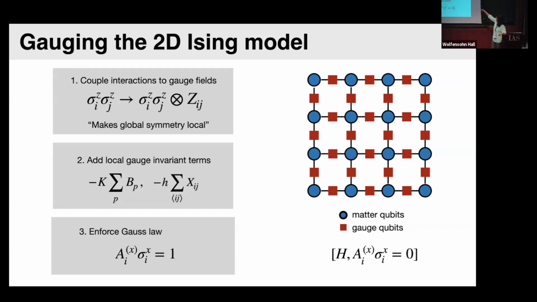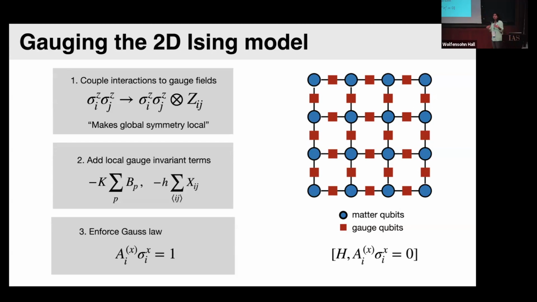But now I can take a local product of these terms, and notice that because your sigmas, your matter degrees of freedom, had a redundancy, by the time you're done taking this local product, all the sigma variables have canceled out, and you're just left with the plaquette BP term.